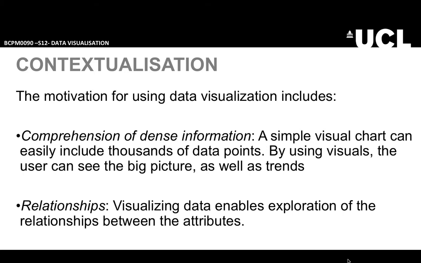The second main motivation is to find relationships. By visualizing data in Cartesian coordinates, we can explore the relationships between different variables. Also, representing more than three attributes on the x, y, and z axis is not feasible in Cartesian coordinates.